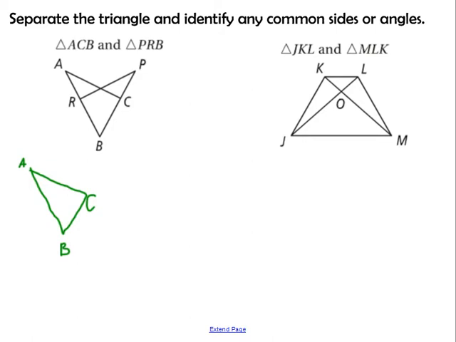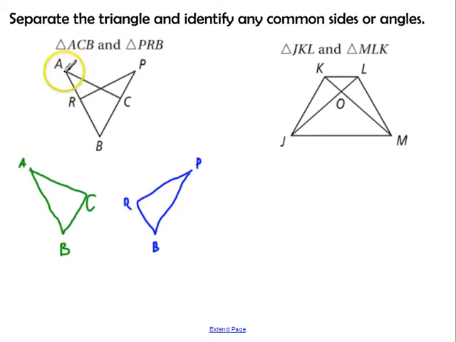And then we're going to pull the other triangle, PRB, from P to R to B. And again, I'll label the vertices. And then I want to separate this triangle out. Then lastly, we need to identify any common sides or angles.